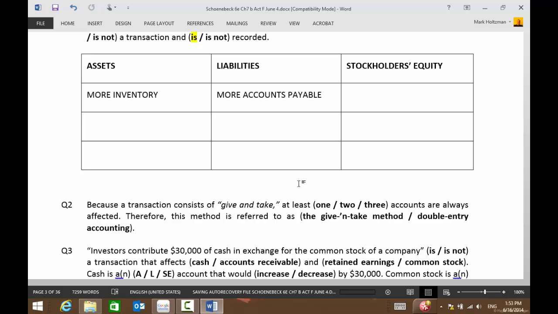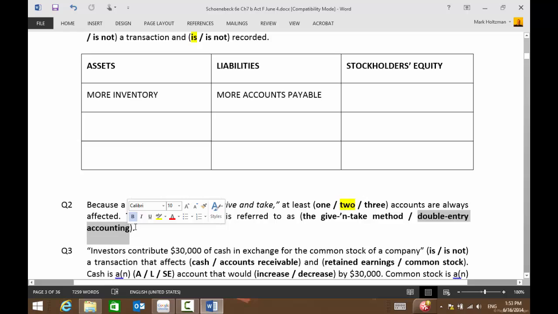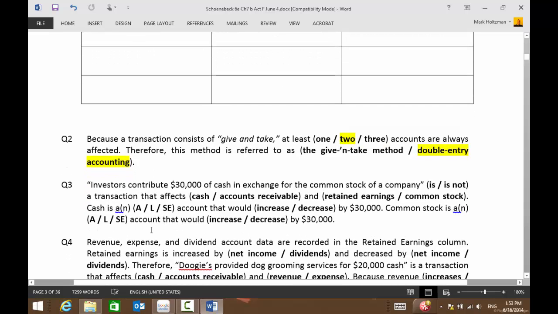So because a transaction consists of give and take, at least how many accounts are always affected? 2. And therefore, this is called double entry accounting. Accounting was invented, you should know, in the 1400s. It was an extension of mathematics, part of the Italian Renaissance.